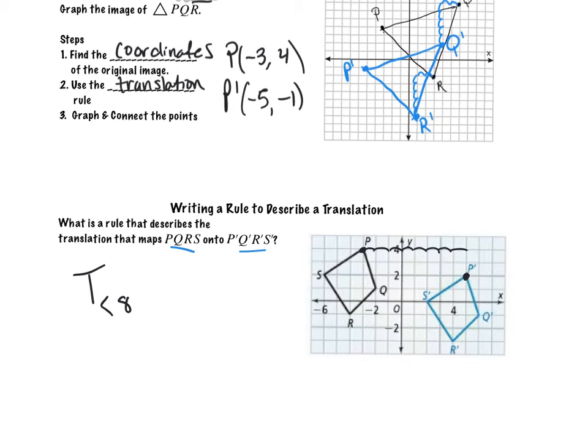So 8 in the positive direction. And then how far down did I go? 1, 2. So down 2 gives me a negative. So that translation goes like that. Sometimes they'll write it and add in the shape names, and they'll say you take PQRS, translate it that way, and you get to the prime shapes.